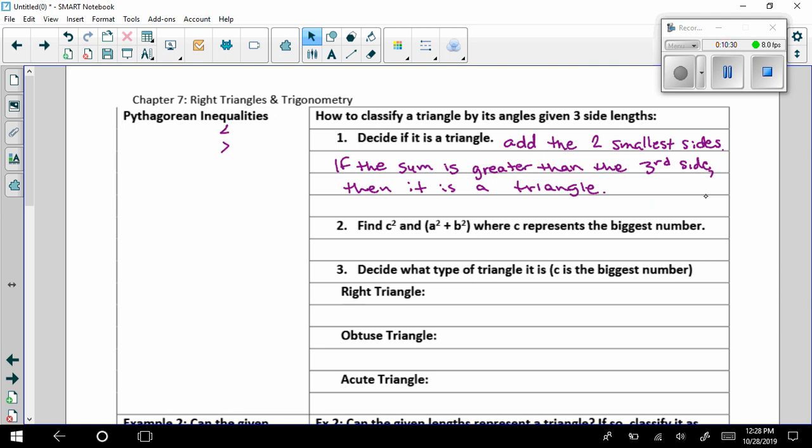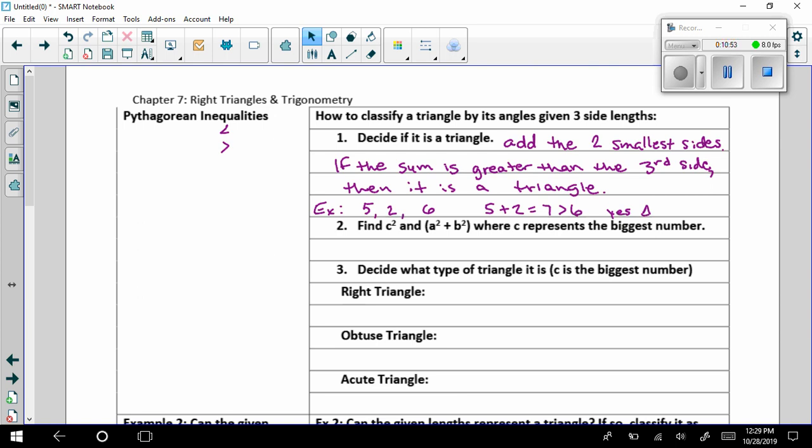Okay, so for example, if I give you 5, 2, 6, then 5 plus 2 equals 7, which is bigger than 6, so this is a triangle.